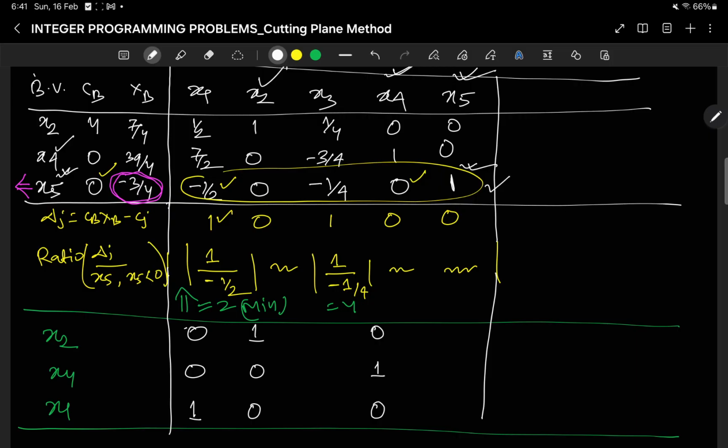Now coming to this row first, we make it 1 here, so R3 is replaced by minus 2 R3. If I multiply minus 2, it is my 3 by 2, and it is my 1 0, and if I multiply minus 2 here, it is here half.